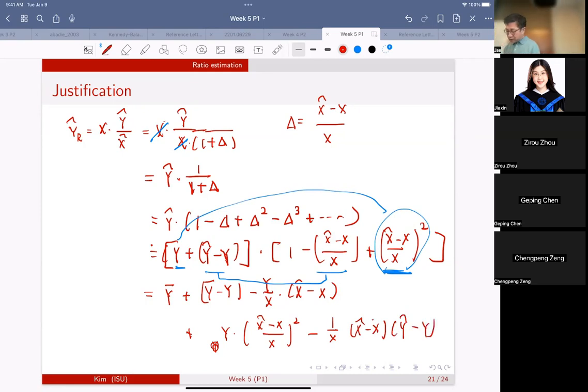Okay, so that is the second order Taylor expansion. You have a constant term, first order term, and second order term.